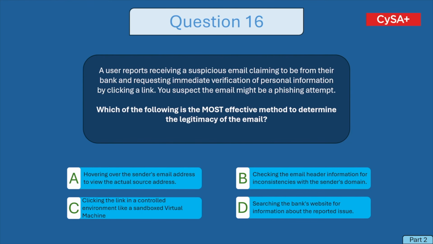A. Hovering over the sender's email address to view the actual source address. B. Checking the email header information for inconsistencies with the sender's domain. C. Clicking the link in a controlled environment like a sandbox virtual machine. D. Searching the bank's website for information about the reported issue.